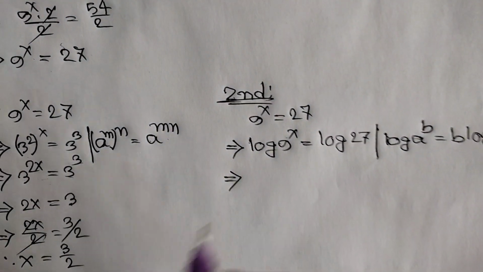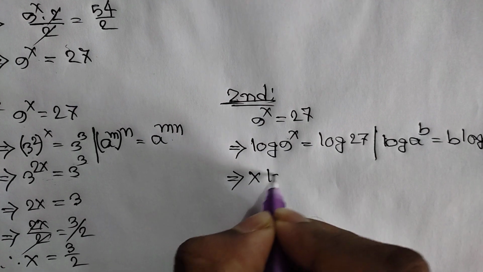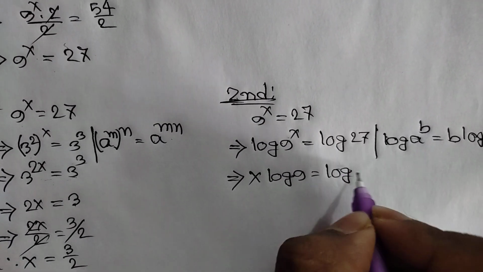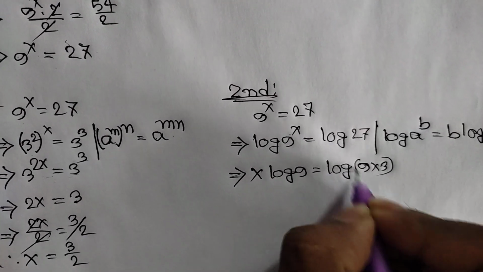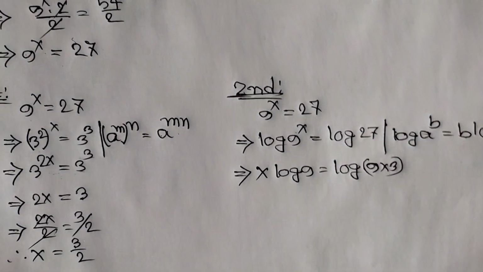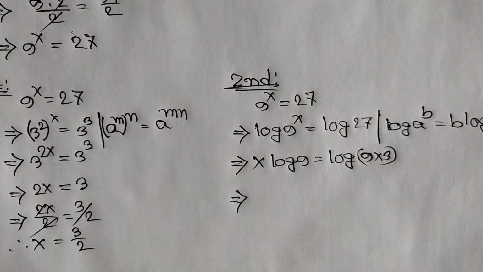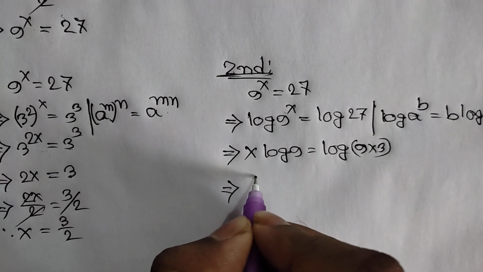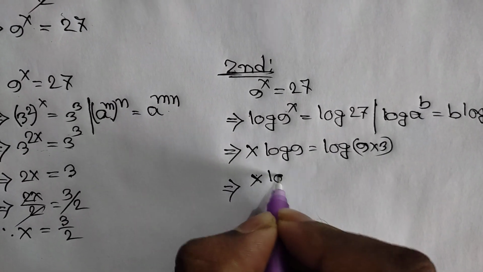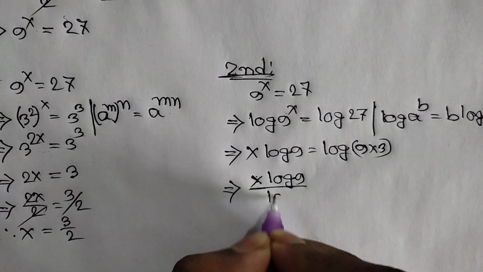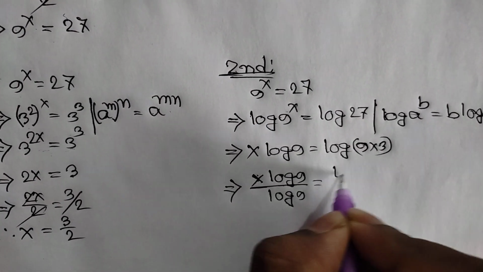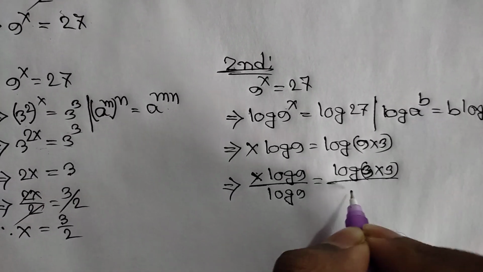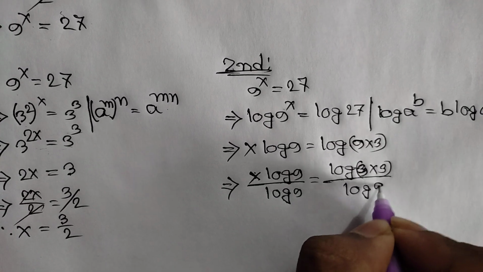Apply this rule here, we can write x log of 9 is equal to log of 9 times 3, because 9 times 3 is the same as 27. We need the value of x, so divide both sides by log 9, so we can write x log of 9 over log of 9 is equal to log of 9 times 3 over log of 9.